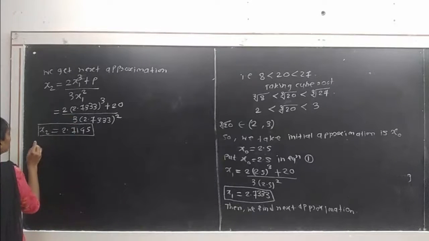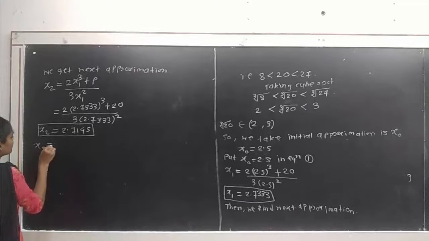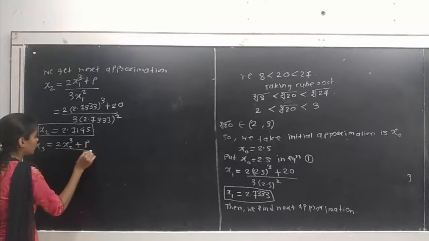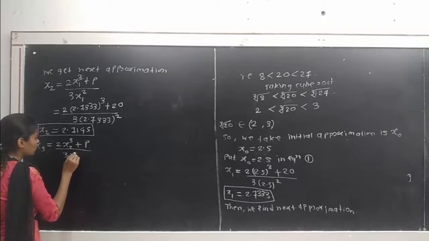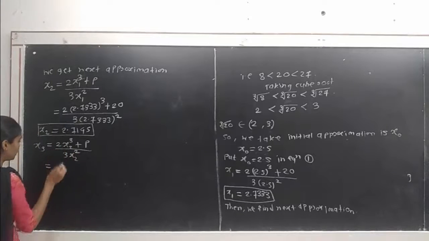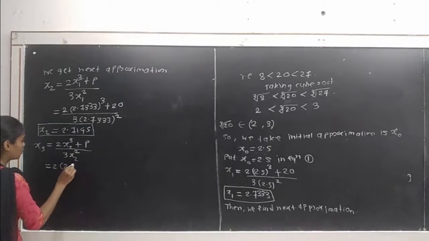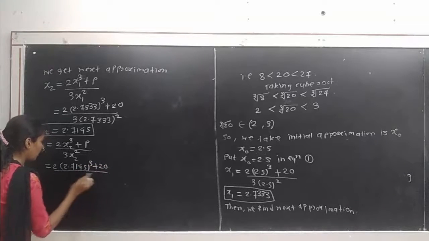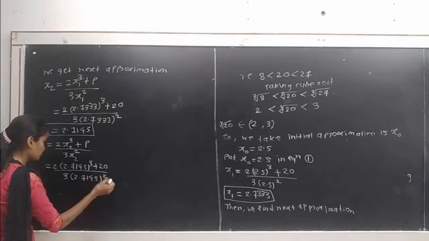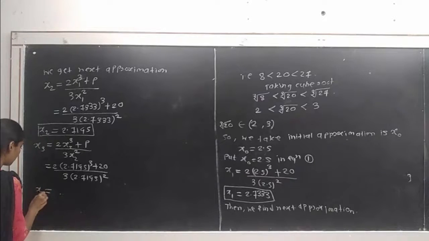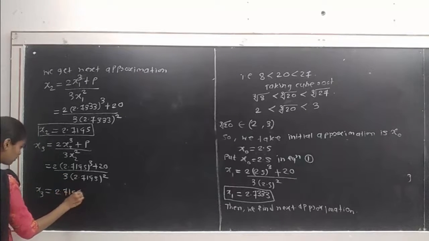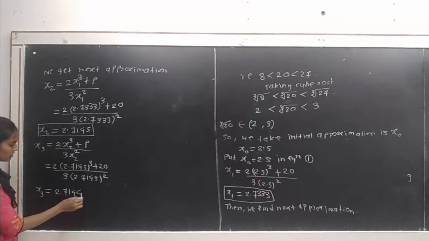The next approximation is x3 = (2x2³ + p) / (3x2²). Putting the value of x2, we get (2(2.7145)³ + 20) / (3(2.7145)²). Simplifying, x3 is equal to 2.7144.